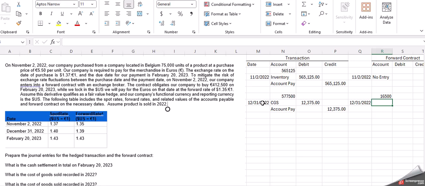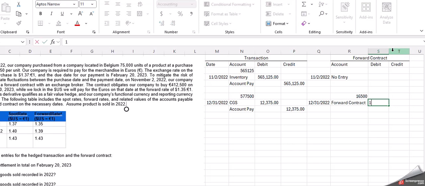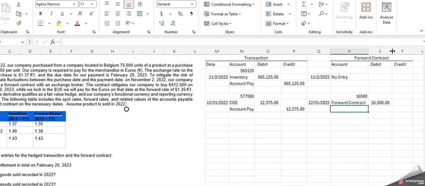It's going to go the opposite direction because I hedged it back at the 1.35. Now it's 1.39, so that broker is going to owe me the money. So the forward contract is going to be a debit for 16,500, and then my credit goes to cost of goods sold.